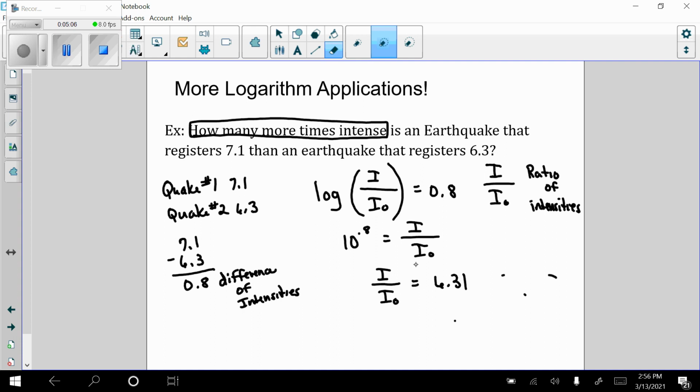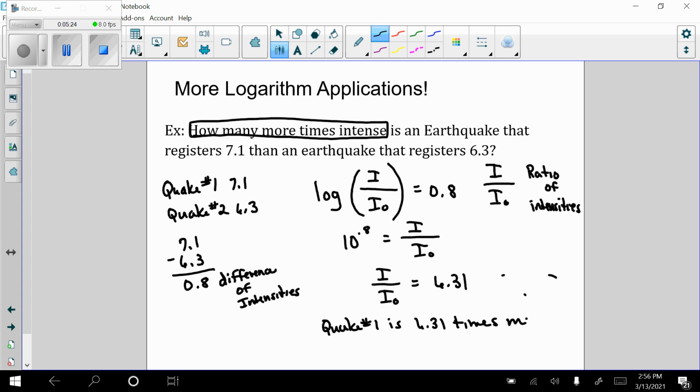So that is what this problem is asking for, is that 6.31. So quake number 1 is 6.31 times more intense than quake number 2.